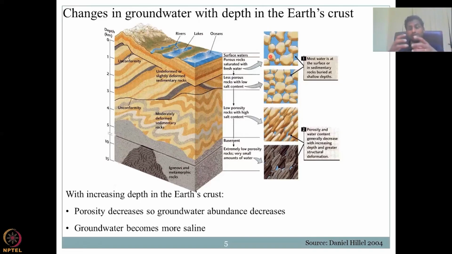The soil itself is in a very good aerated mode, and less compaction. More space is available for infiltration of water. So most water is at the surface in sedimentary rocks buried at shallow depths. So there are four depths: shallow, another shallow, middle range, and deep. Okay, let's call it that way.